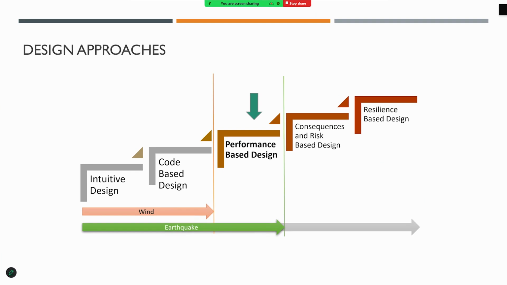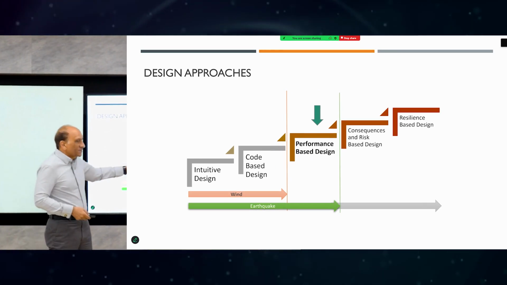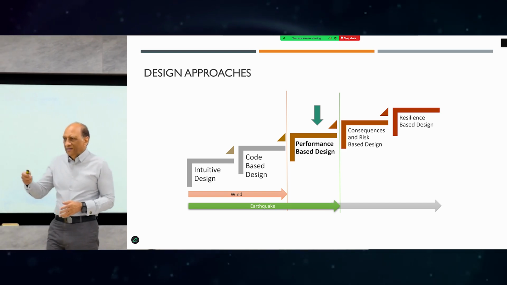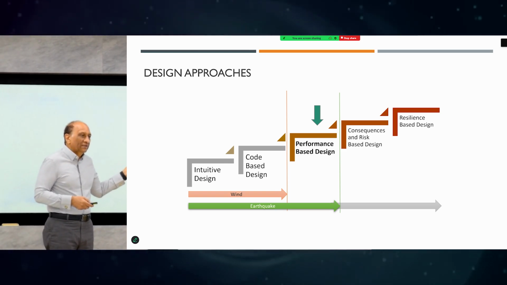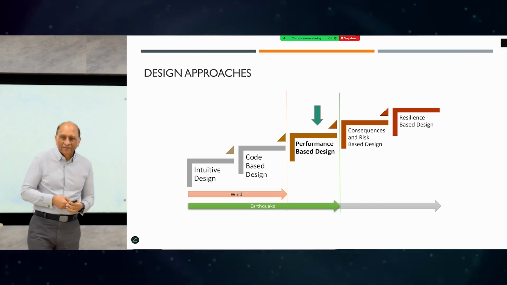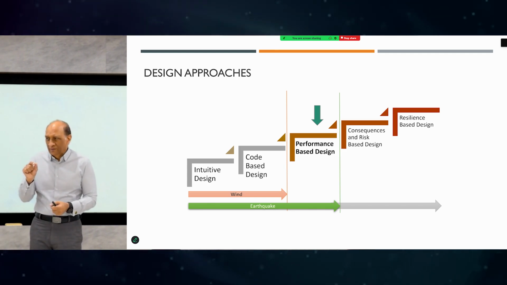Intuitive design without any calculation, people did that before anything. So people just thought, this looks right to me. Based on their judgment, they will do this. Then code-based design, codes came in 1950s, 30s, 40s, they start to be developed based on the sketch checks. I remember CP114, British Design Code from UK, was very popular.